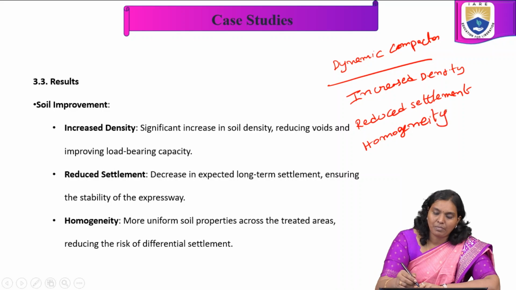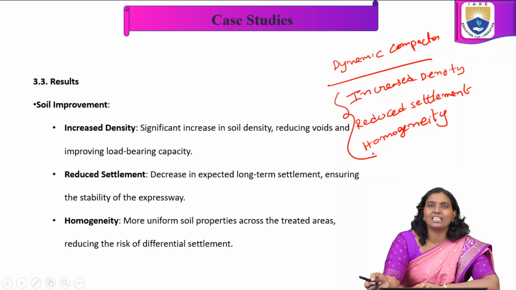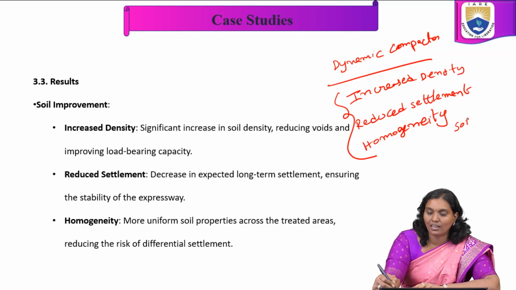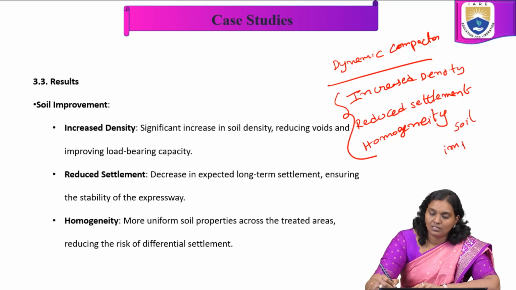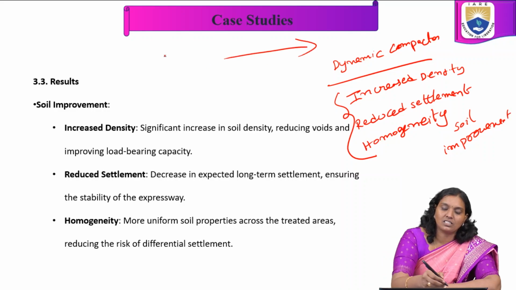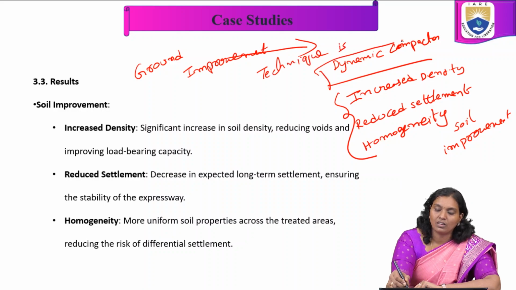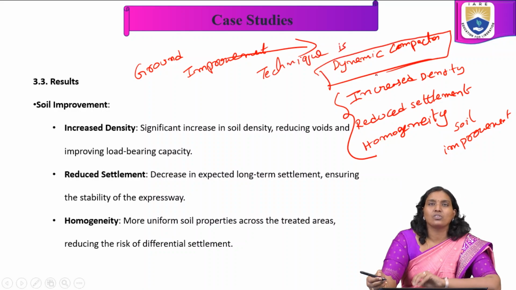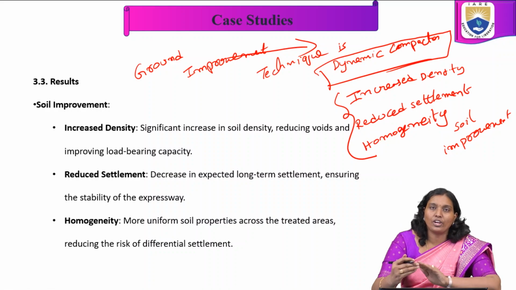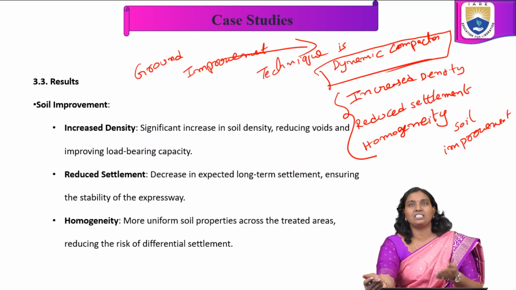These are the parameters involved as a result in soil improvement whenever we choose dynamic compaction as our ground improvement technique. So we are going to increase the density.